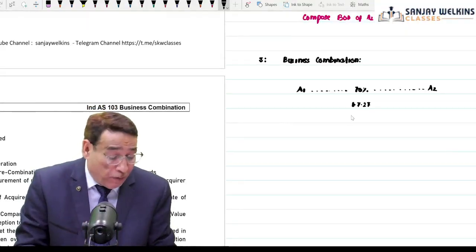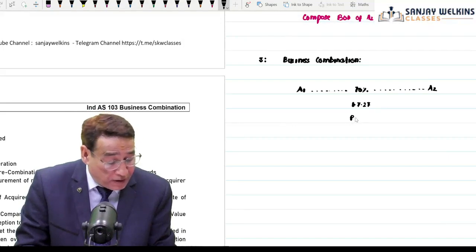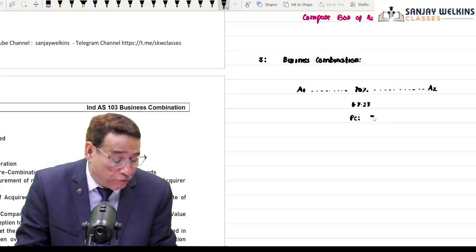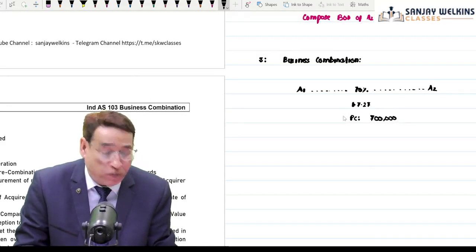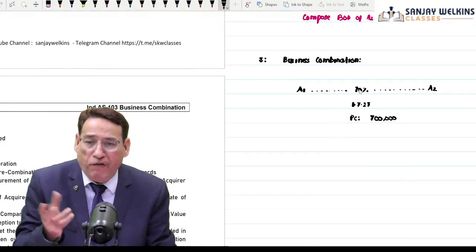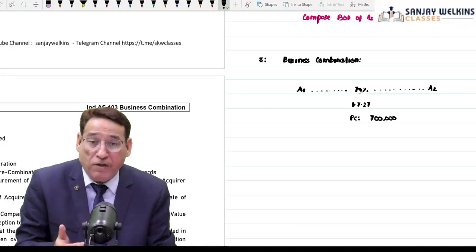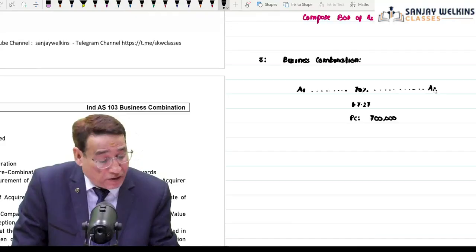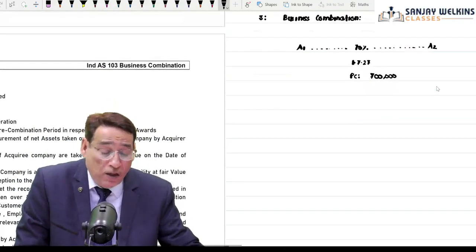So let us say we acquired 70% stakes by paying rupees 7 lakhs. This amount which we have paid to acquire 70% stakes is known as purchase consideration. Obviously, we are not going to get 70% stakes free of cost. We will have to churn out some money to get 70% stakes in this particular entity.